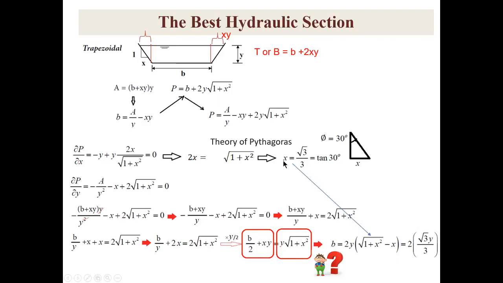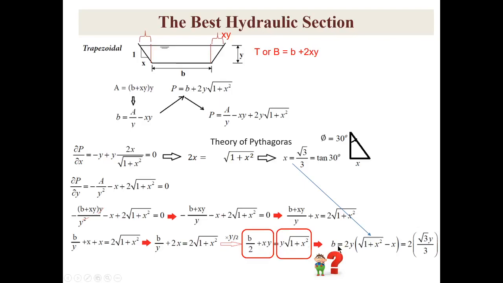From the first differentiation, I know that x equals root 3 over 3. Therefore, I can replace this value in this equation, after changing it to find b.